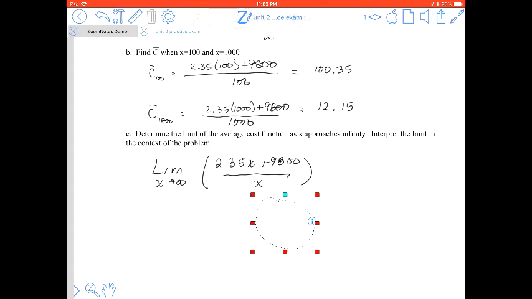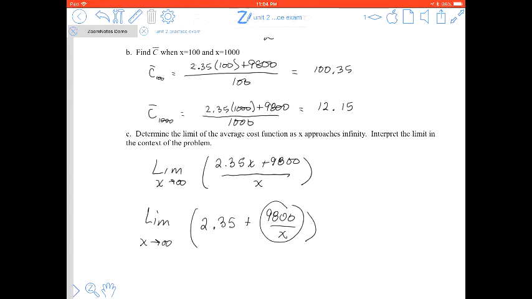If we have this kind of expression with a fixed numerator, but the denominator is getting larger and larger and larger, eventually we're going to have 9,800 over 10,000, and then 9,800 over a million, then 9,800 over a billion. So we have a relatively small numerator over a very, very large denominator, which means this fraction is going to get smaller and smaller and smaller, becoming closer and closer to 0.